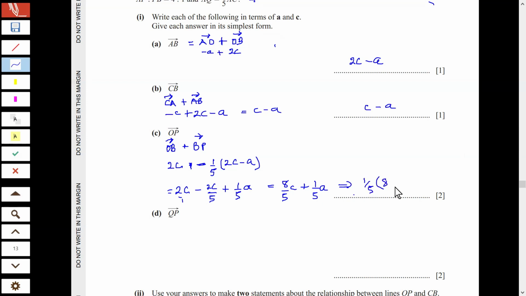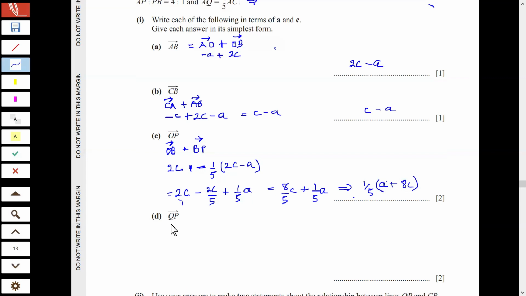So this is 1/5 A plus 8C. We place this common factor 1/5 outside the bracket, then we have A plus 8C.